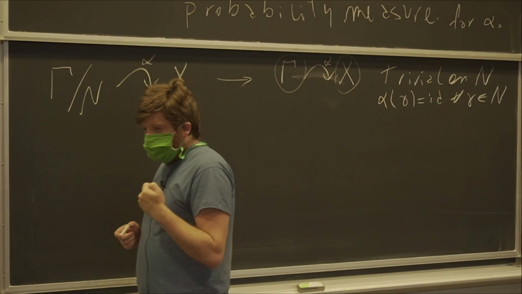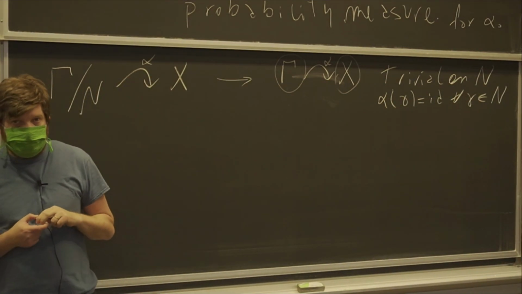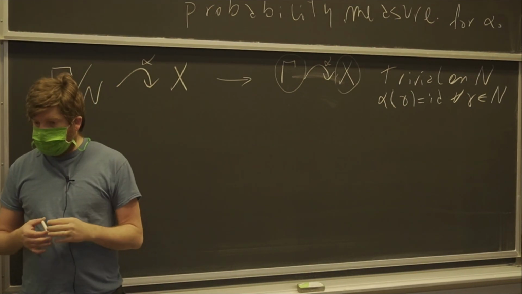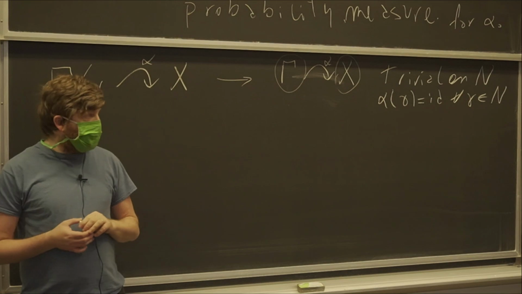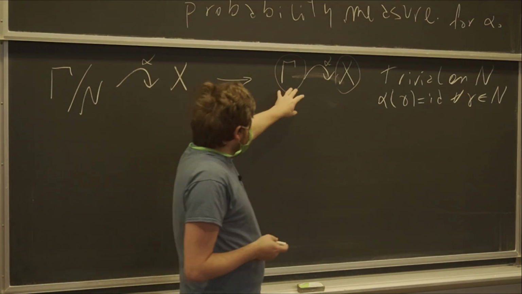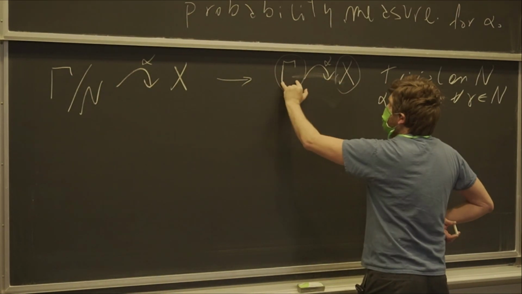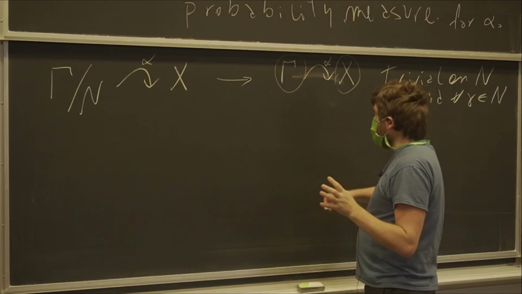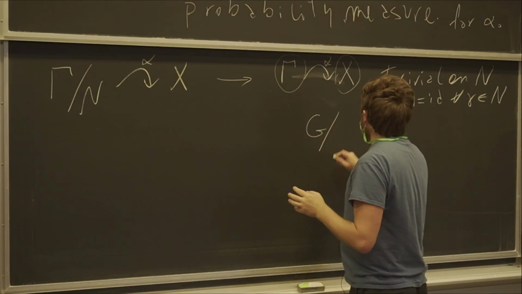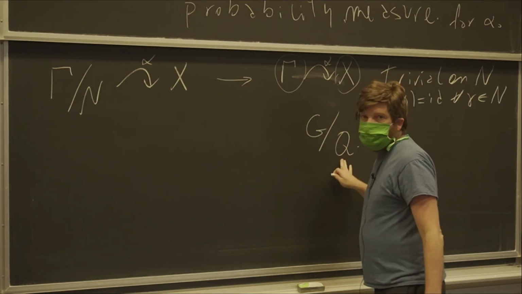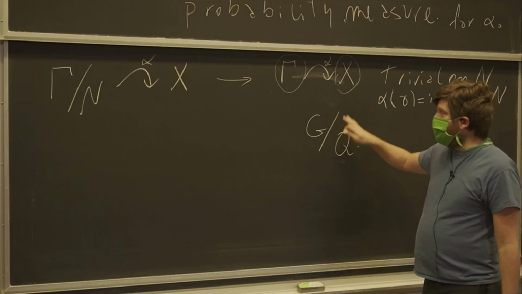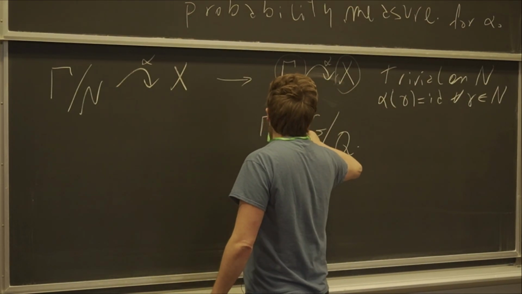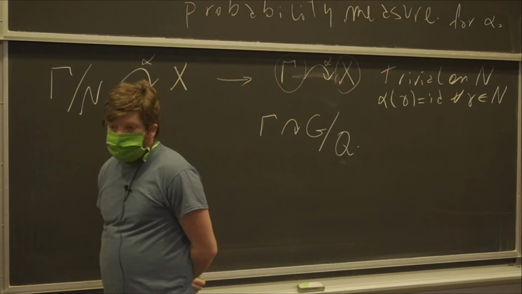Now remember what I told you when we discussed amenability, especially amenability of P, G, and all these groups, SL(n,R), is that the non-existence of an invariant measure here for some action of gamma on X will be due to some guy G mod Q happening in some way related to this action.